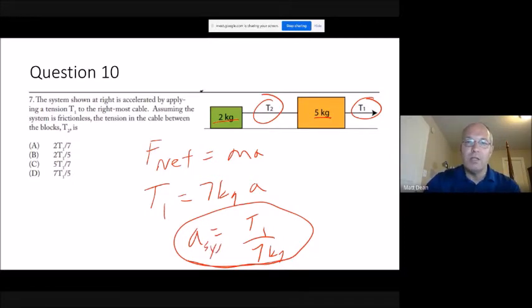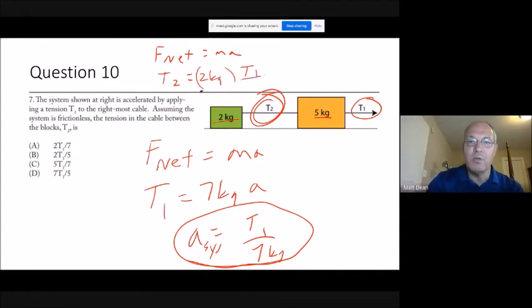So now let's look at T2. So T2 is the net force acting just on the 2 kilogram box. So in this case, the net force acting on that box is T2, and that's equal to the mass of the box, 2 kilograms, times the acceleration of the box, which we just established is T1 over 7 kilograms.